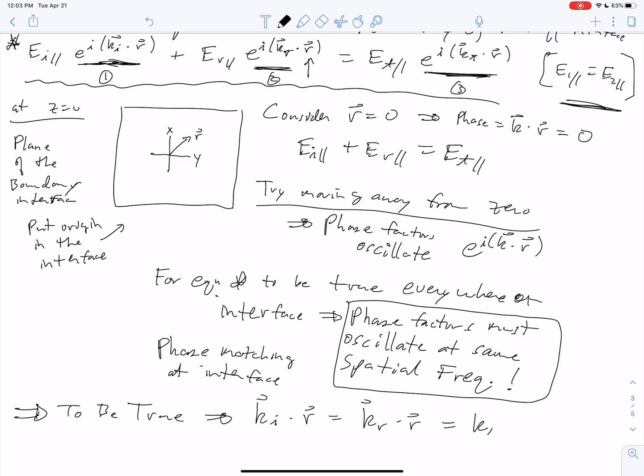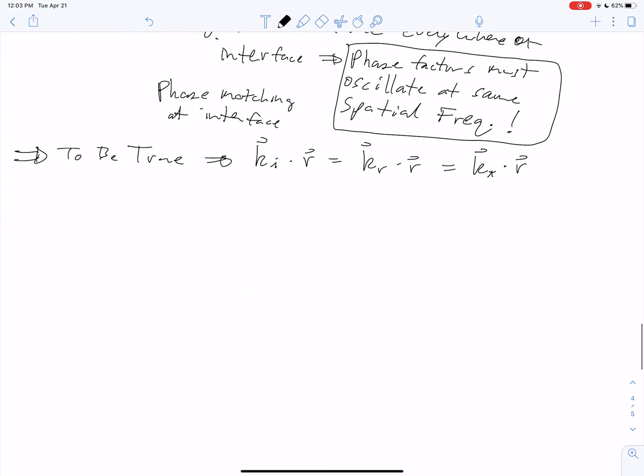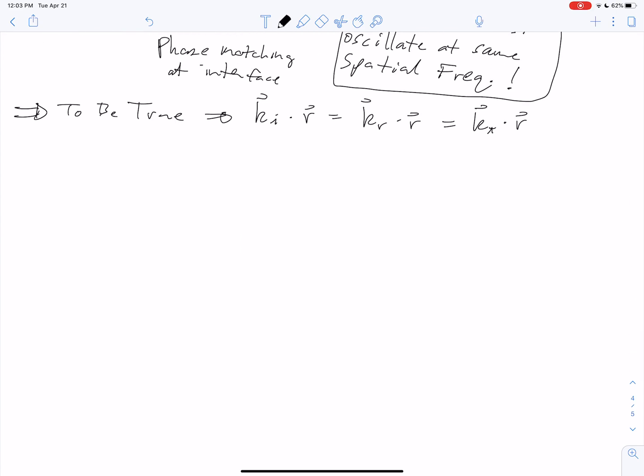So the phase factors must be exactly the same for these three oscillating factors to be the same everywhere on the interface. So I want you to think about that. And that leads to a lot of important physics.